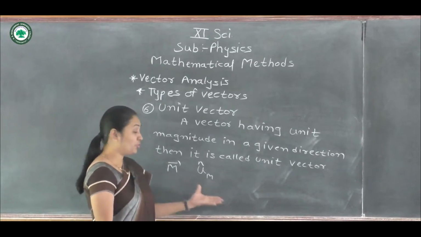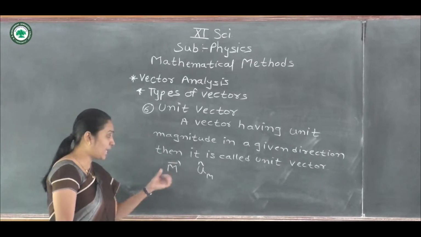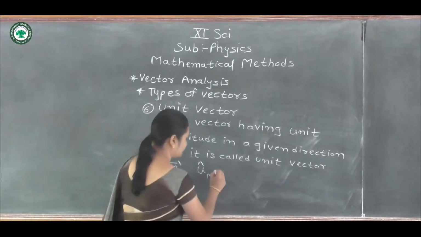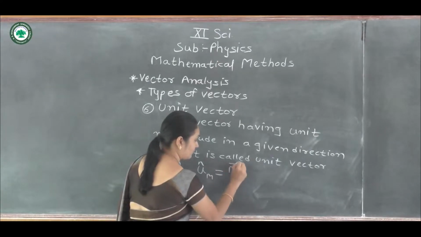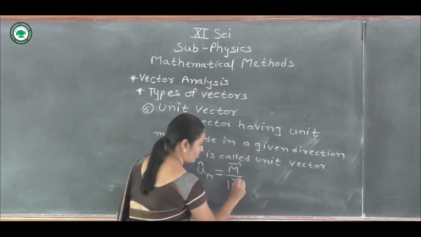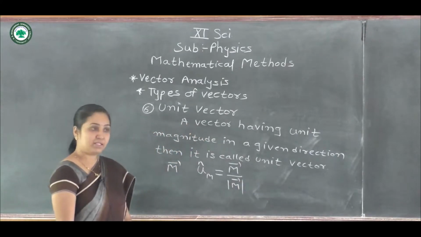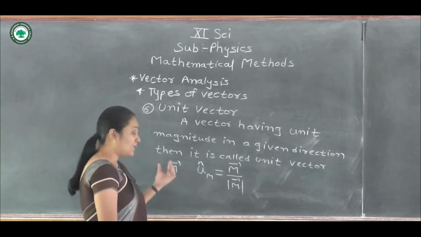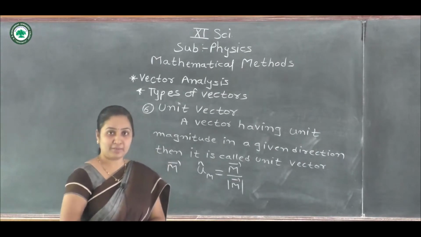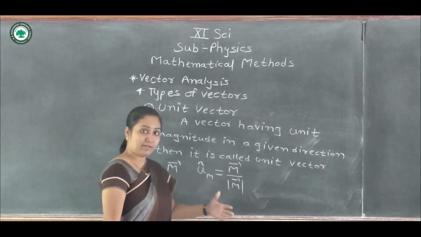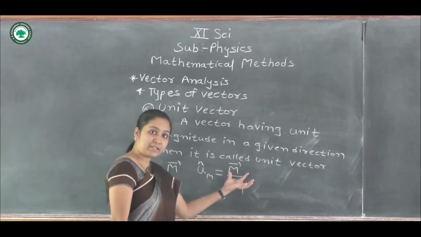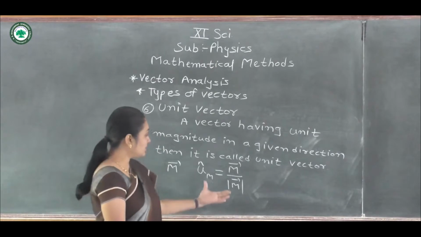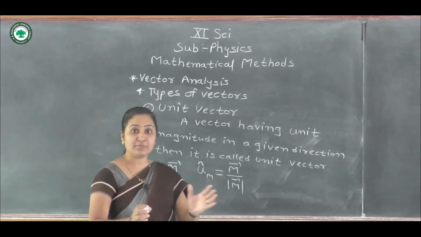This is called the unit vector of vector m bar, and it is given by m bar divided by mod of m bar. That means, if m bar is a non-zero vector, its unit vector is given by the vector divided by the magnitude of that vector. So this is the representation of any unit vector.